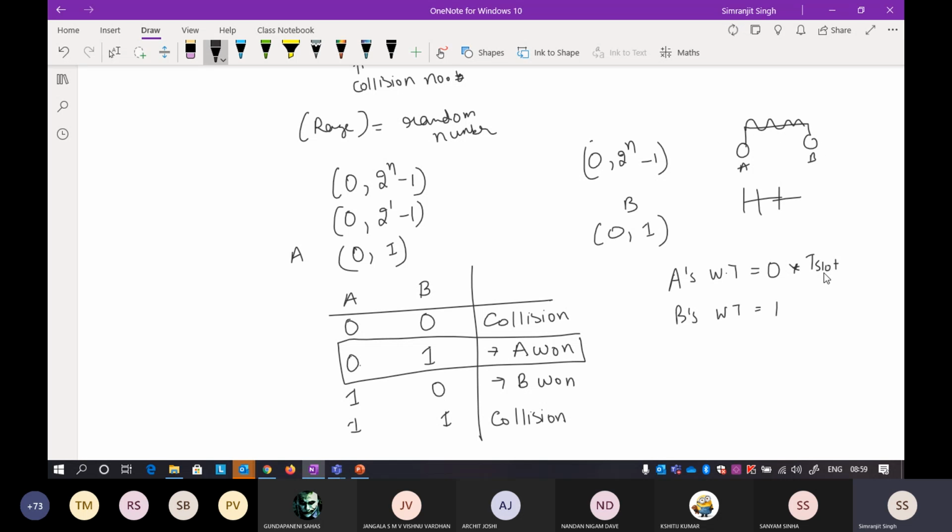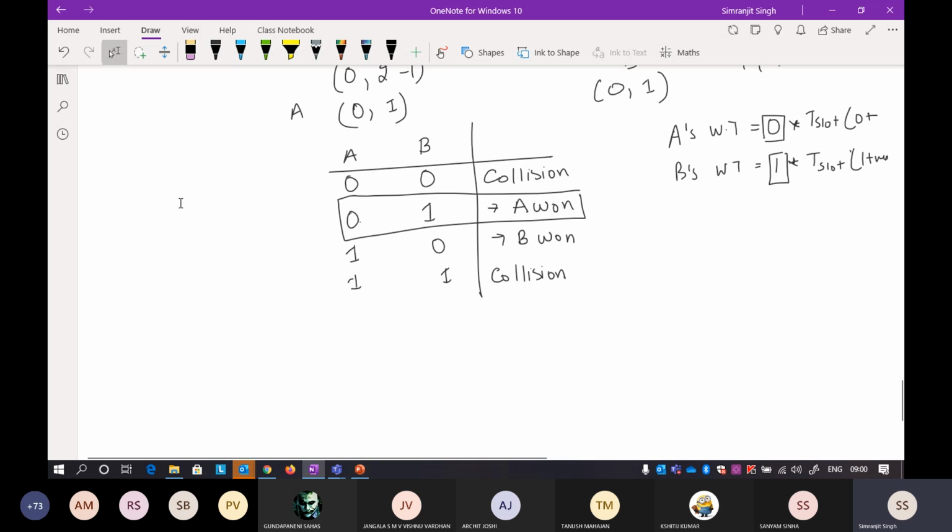So this will be your time slot. For this time slot, B will be waiting. I can refer to 0 time slot here and 1 time slot here, and whatever the time slot is, it will be directly multiplied. So B waits for 1 unit time, but A will not wait. After the collision, A will directly send the data.